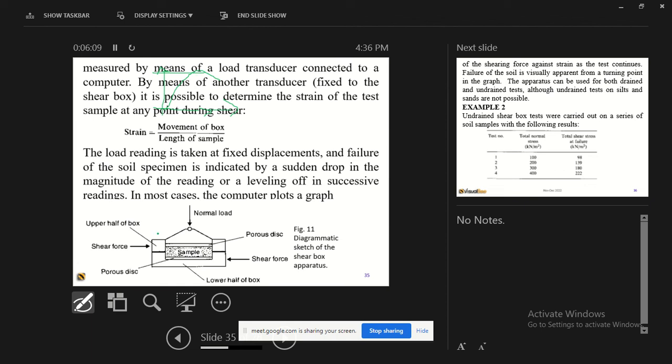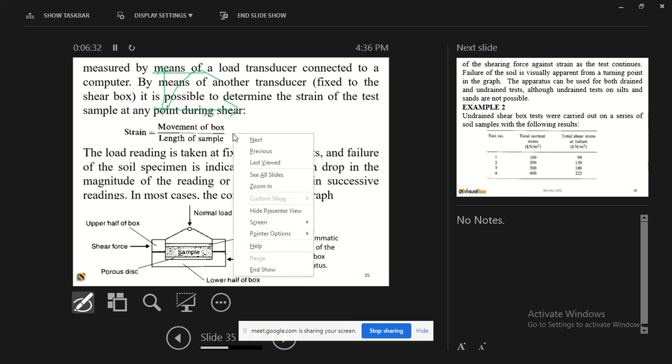You will know, because this system is attached to a dial, and every time the force is applied and there's shearing, you can see the dial moving. It will reach a point where the dial reading will increase uncontrollably. Now that is most likely your point of failure.